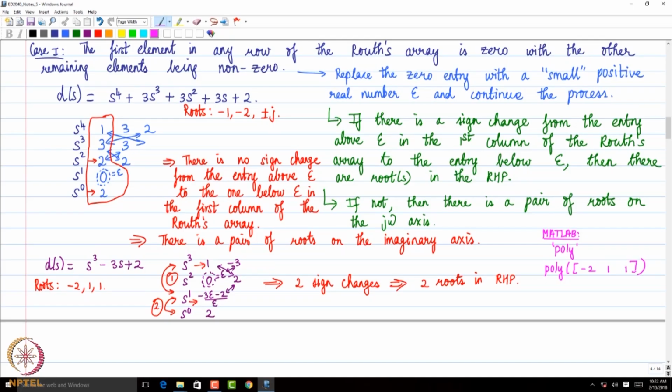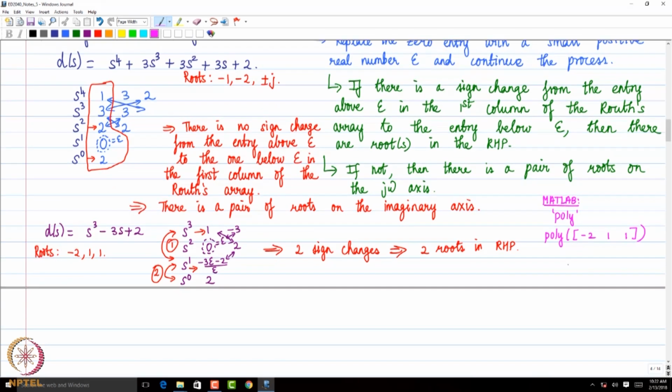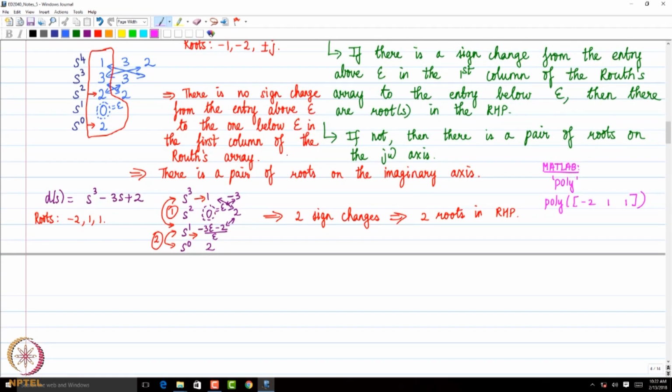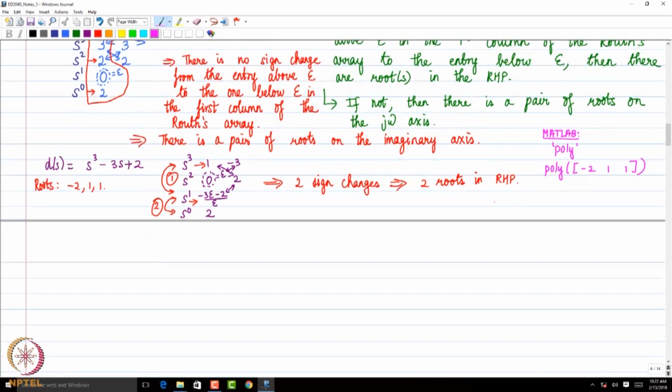This will give me the coefficients in sequence: 1, 0, -3, 2. So that will help you in constructing polynomials, so that you can verify it. If I'm given a polynomial, you use the roots command to get the roots. If you are given the roots and you want to find the coefficients of the corresponding polynomial, use the poly command. This can help you in playing around and figuring out various special cases. Please try it out.